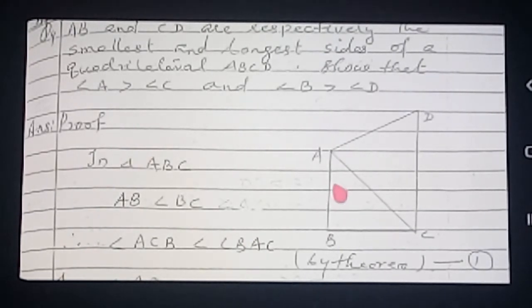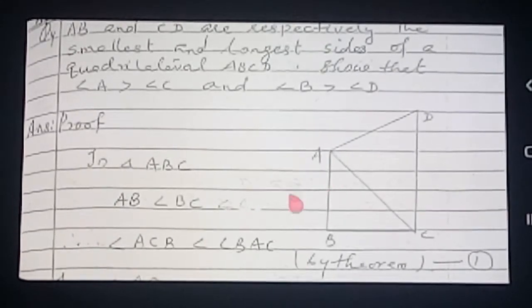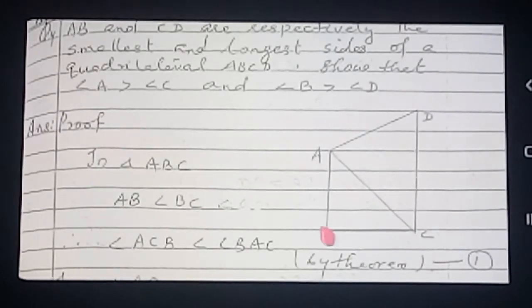Okay, listen. First I take triangle ABC. In triangle ABC, very clearly you can see that AB is the smallest side. Why are you taking AB as the smallest side? Already given in the question.